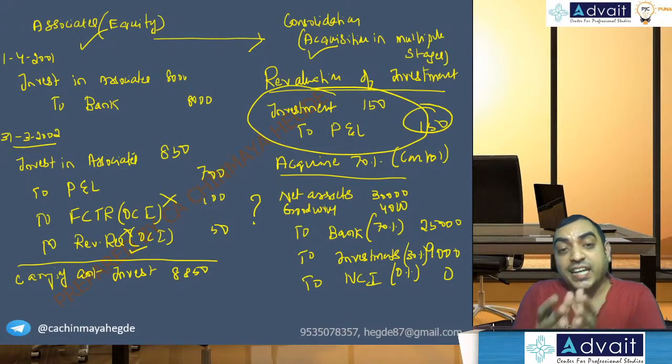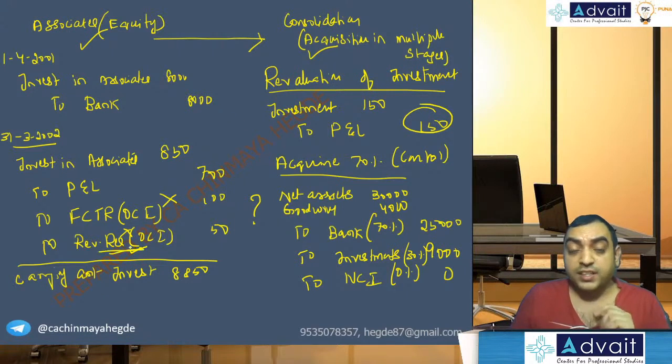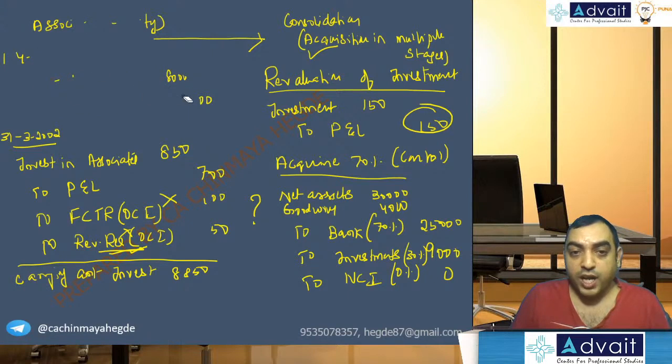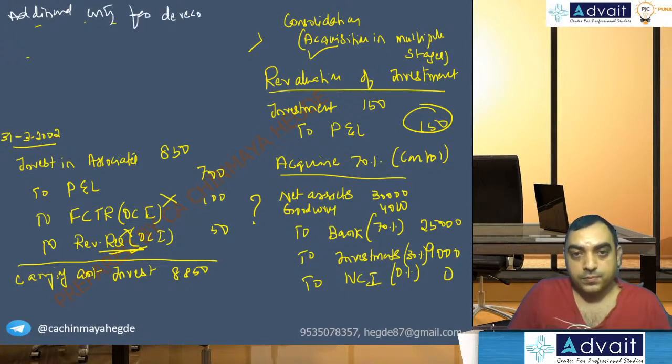Now, FCTR is in the nature of reclassification, and revaluation reserve is not in the nature of reclassification. Therefore, what we have to do now is pass an additional entry on consolidation for derecognition. FCTR account debit to P&L.